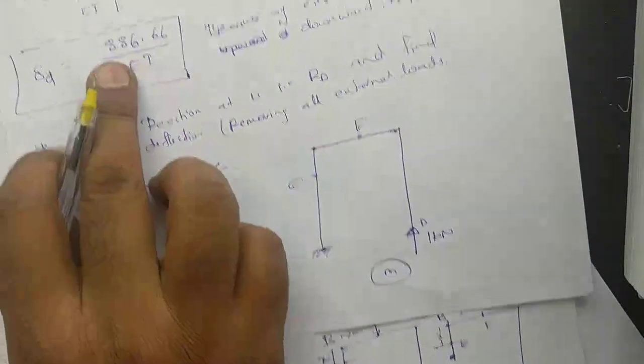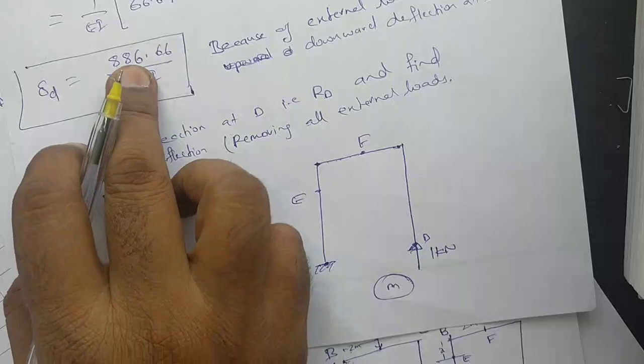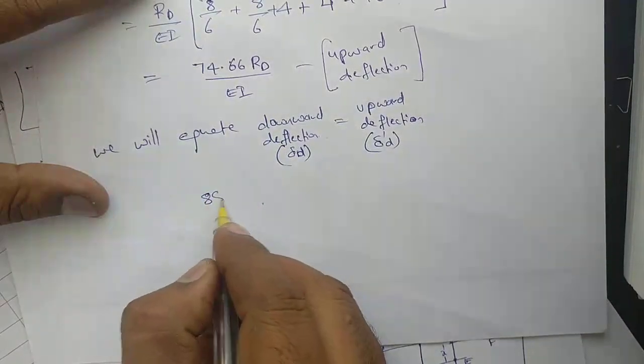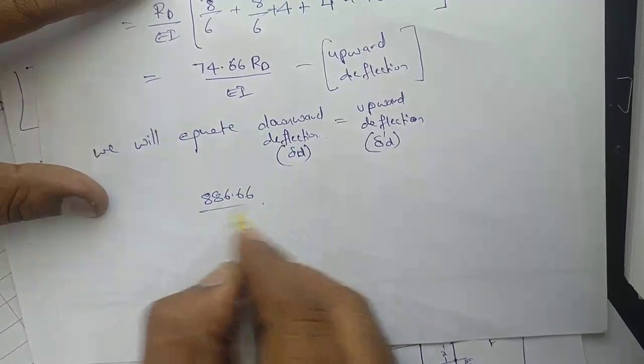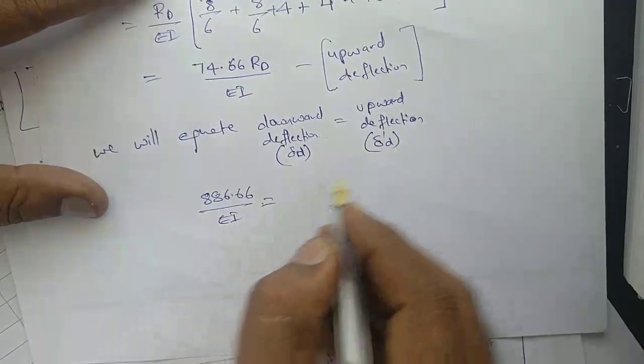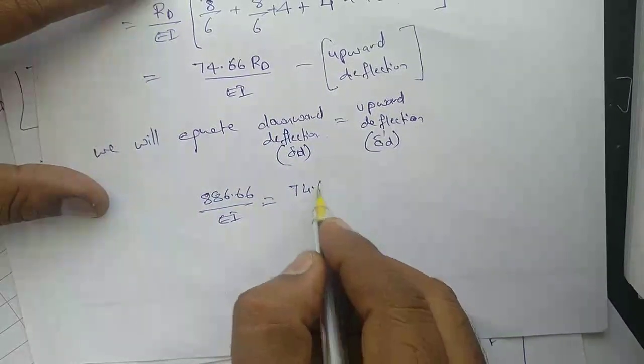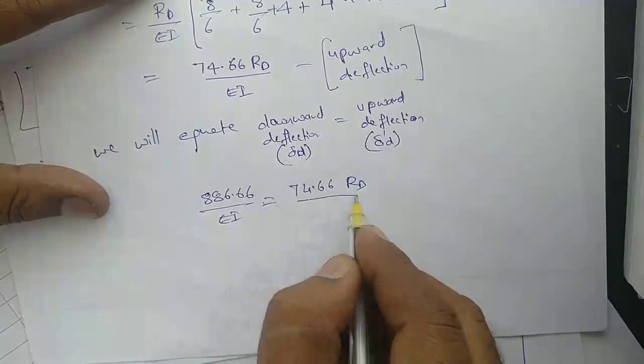Delta D we got 886.66 by EI, and this we got as 74.66 RD by EI.